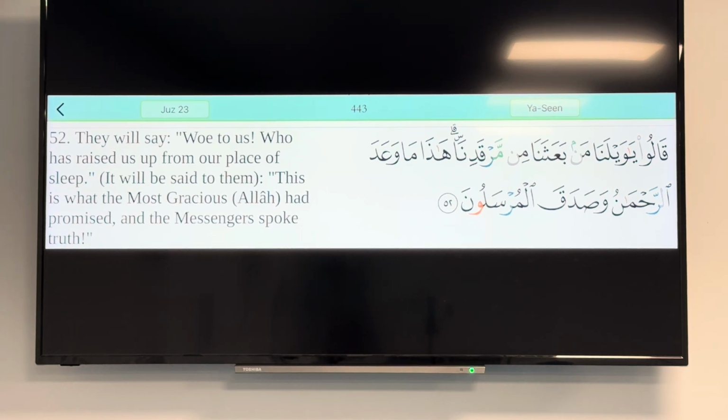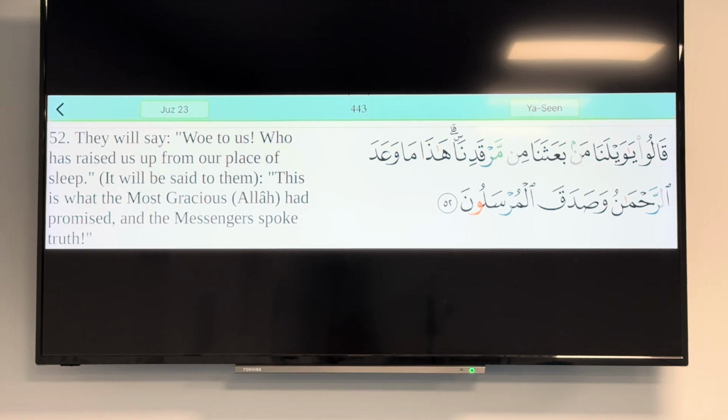So there are some who rejected the message of the prophets and messengers and died in that state. On the day of Qiyamah, they will be resurrected, brought back to life. And in this case, this is what the Most Gracious has promised. This was the message that was given to you, which you denied.